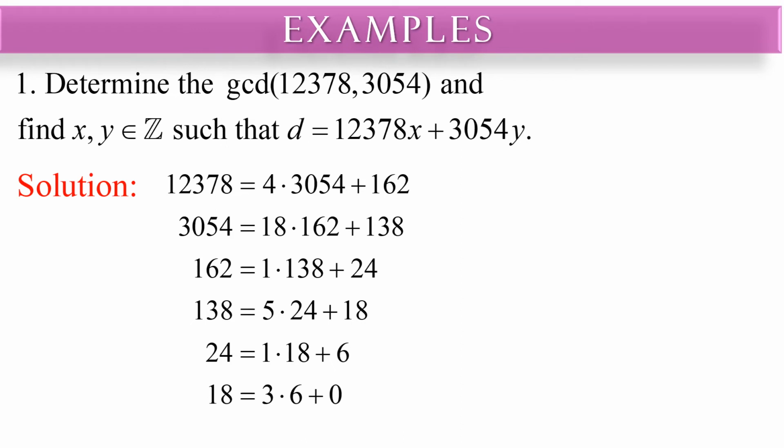Since the last non-zero remainder was 6, therefore the GCD of 12,378 and 3,054 is 6.